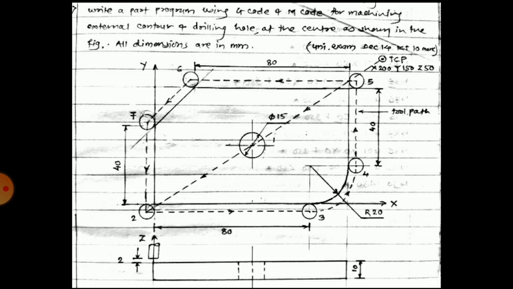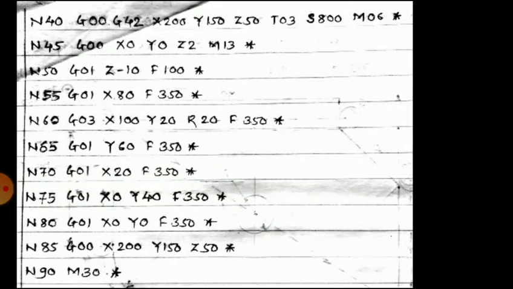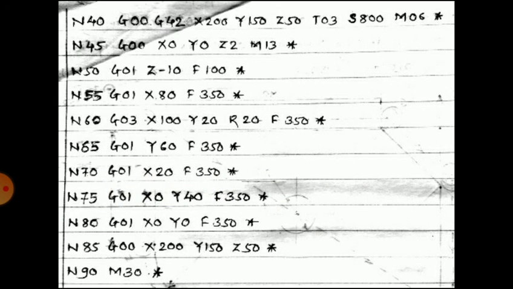So N75 G01 X0 Y40 F350, go to X0 Y40, that is linear interpolation. Then N80 G01 X0 Y0 F350. So cutting of the outer profile is completed. Now go to the tool change position, N85 G00 X200 Y150 Z50.